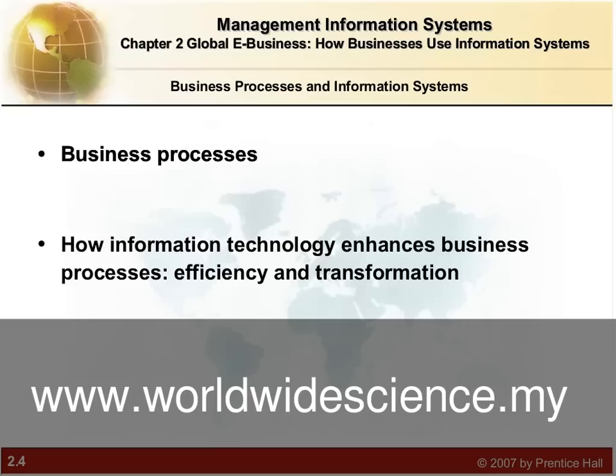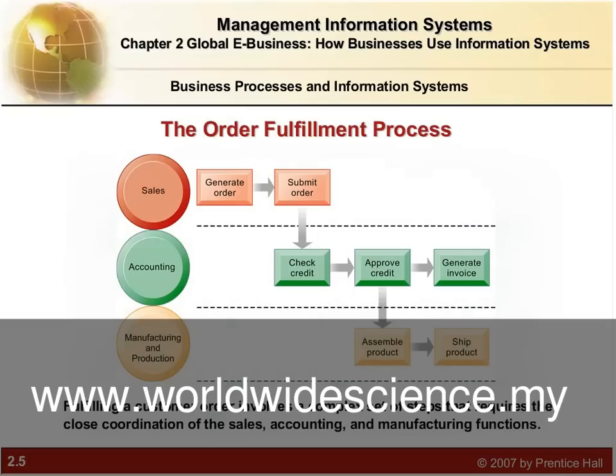Consider a business process, for example, the order fulfillment process. You have different departments: sales, accounting, manufacturing, production. For example, you want to generate an order.